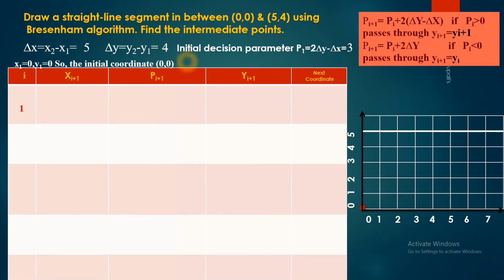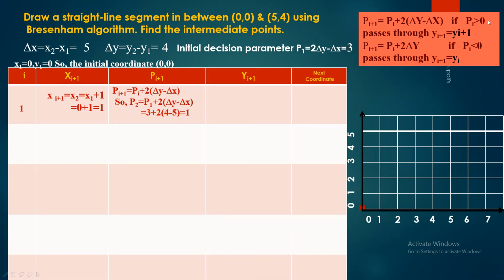First, iteration 1. What is the value of xi plus 1? Xi plus 1 means the first time x value is 0, so xi plus 1 becomes 1. So, what is the decision parameter? The first time, the initial decision parameter is positive.